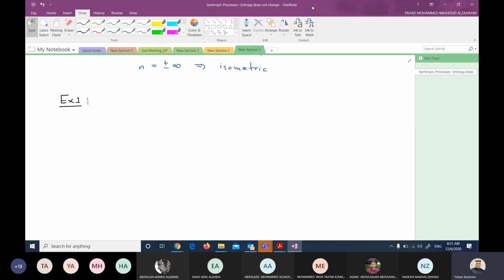So, let's take this example. I have air going through an isentropic process.